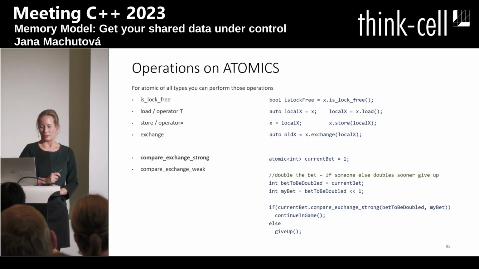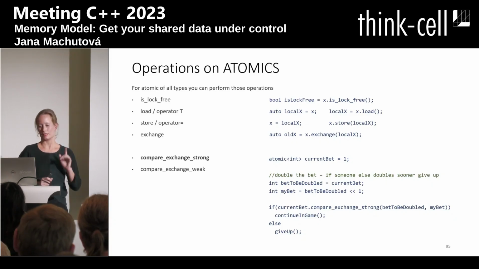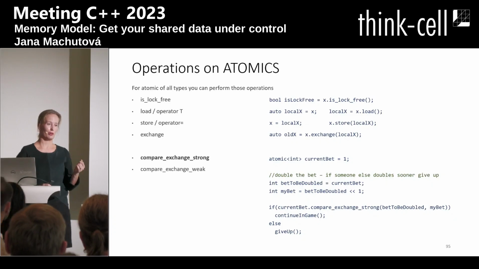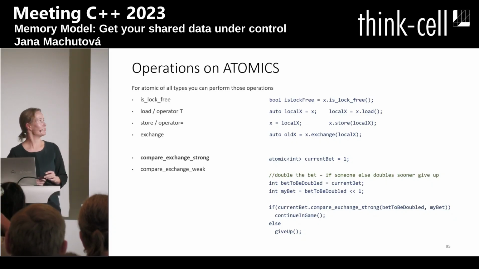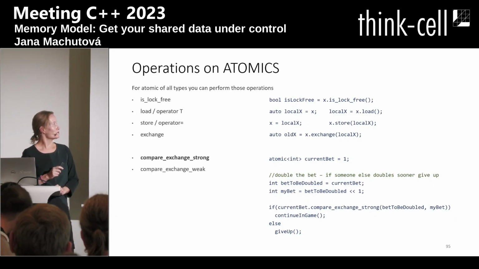The difference between strong and weak is that strong is guaranteed to perform the operation when the condition is met, when the atomic has the value you are expecting. The weak doesn't have this guarantee, but may perform better because it's actually designed to be used in a loop.